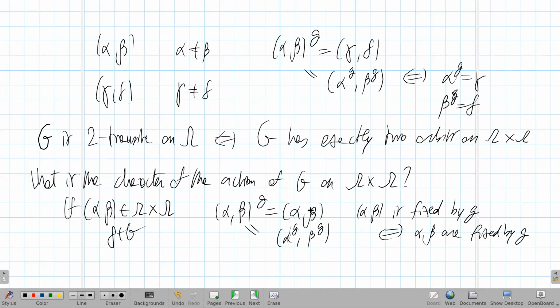So how do you build the pairs with this property? You take alpha to be a fixed point of g and beta to be a fixed point of g. So how many of these pairs do you have?